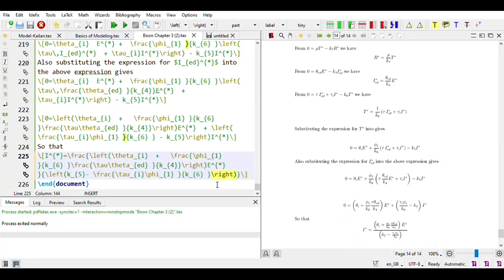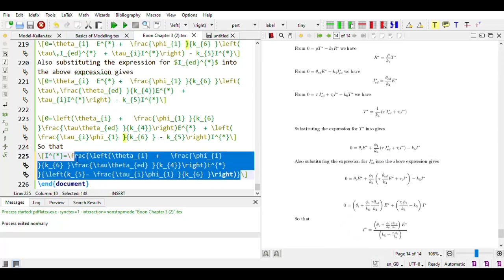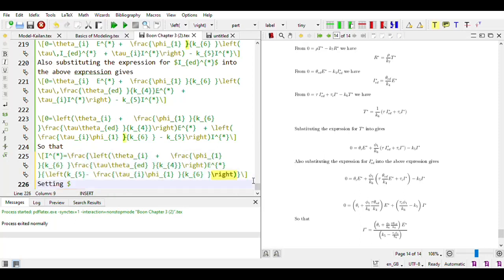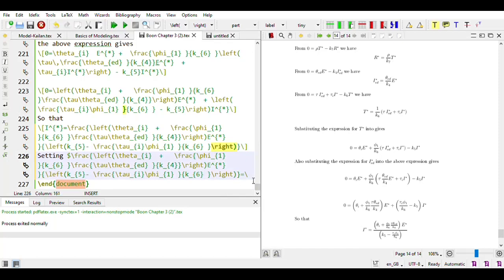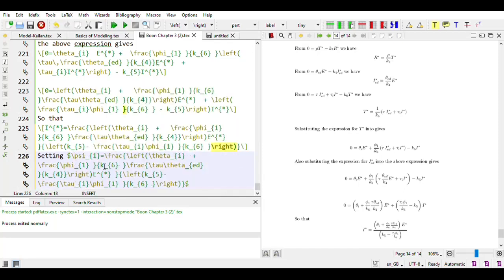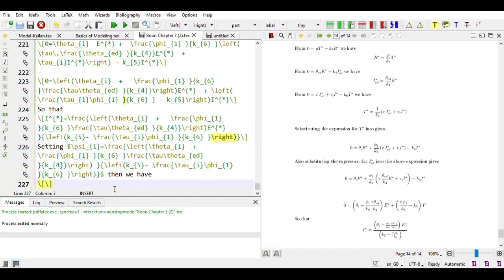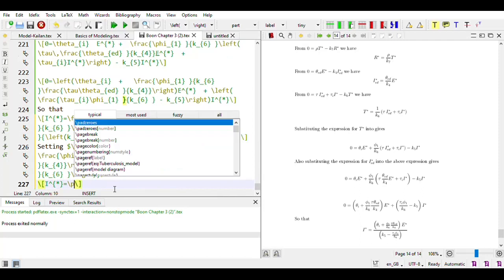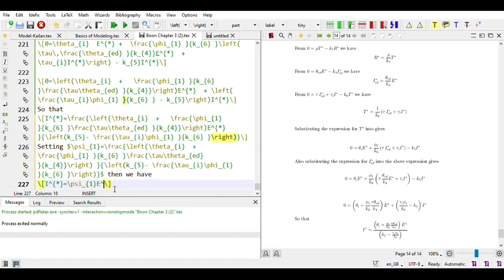So if we set this full expression to psi1, then I star is just going to be equal to psi1 times E star, right? So we are going to have that simple expression.